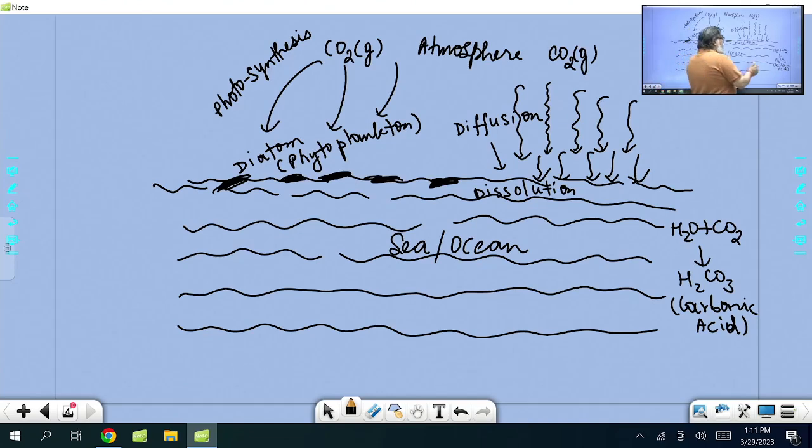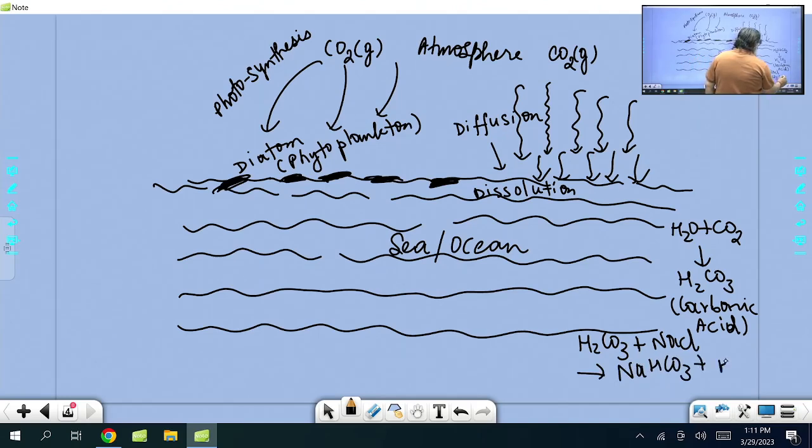And then this carbonic acid will react with the salt, let's say sodium chloride, NaCl, which we eat, table salt. It will form NaHCO3, sodium bicarbonate, plus HCl, hydrochloric acid. Hydrochloric acid is an acid.